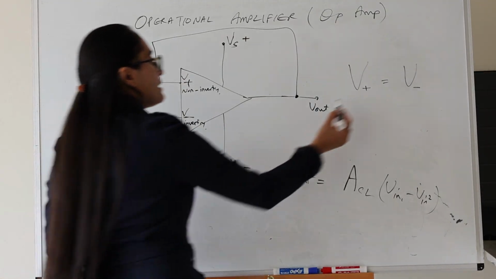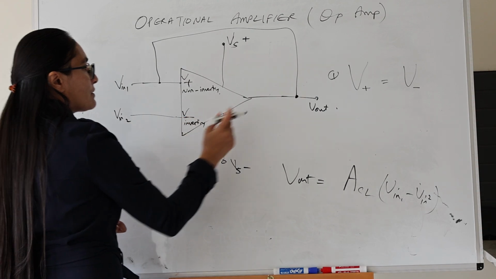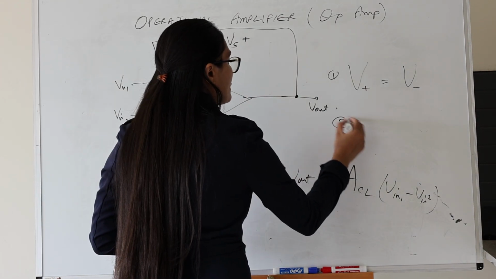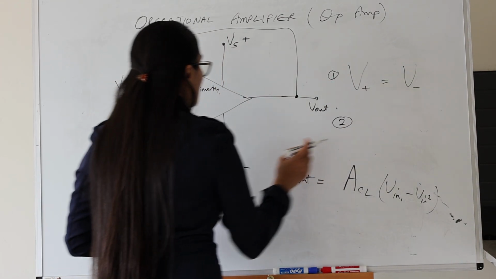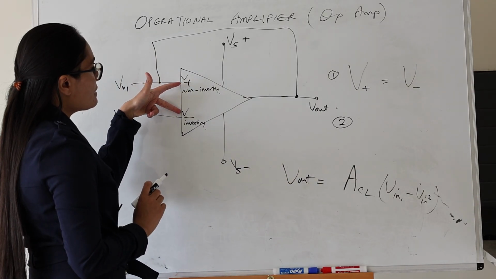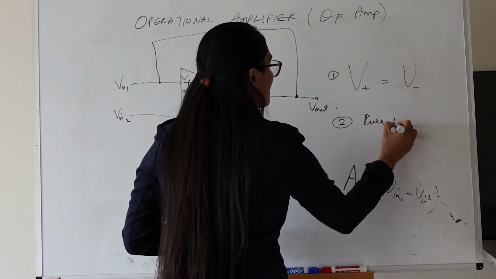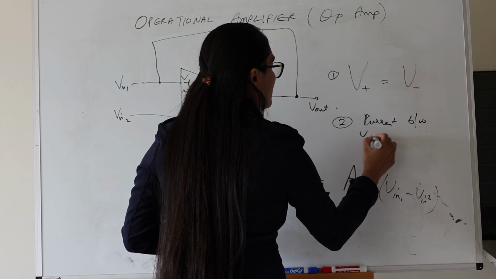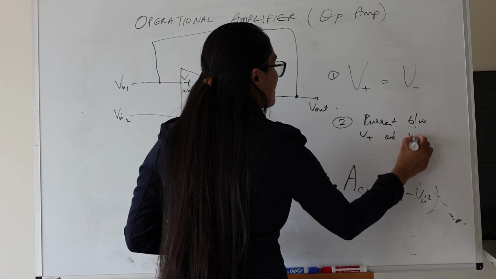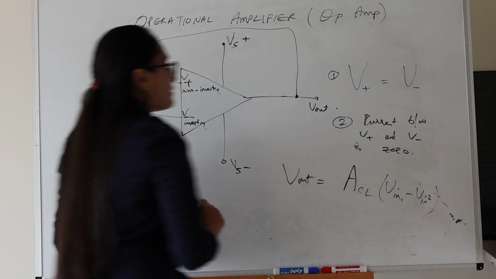So golden rule 1 is V plus is always equal to V minus. So that's number 1. And golden rule 2 is the current flowing between these two, between V plus and V minus, is 0.